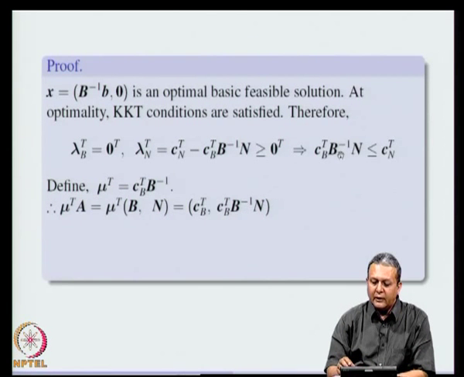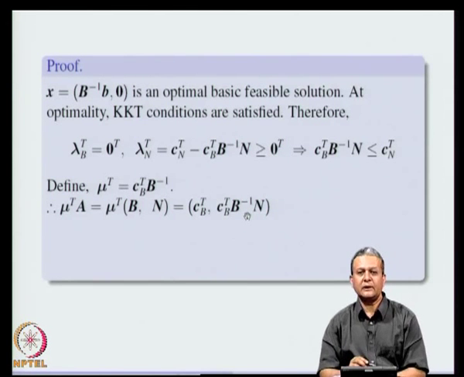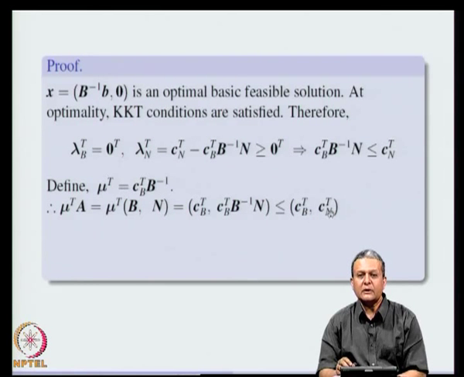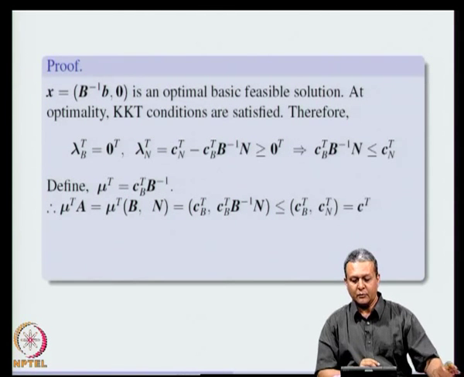Now, we have already seen that C_B transpose B inverse N is less than or equal to C_N transpose. So, this quantity is less than or equal to C_B transpose C_N transpose, and that is nothing but the transpose of the objective function cost vector, which is C transpose.